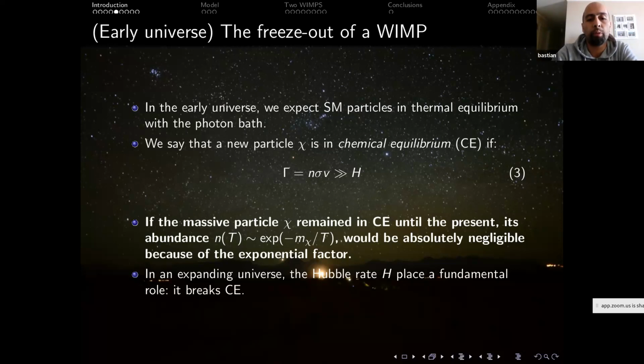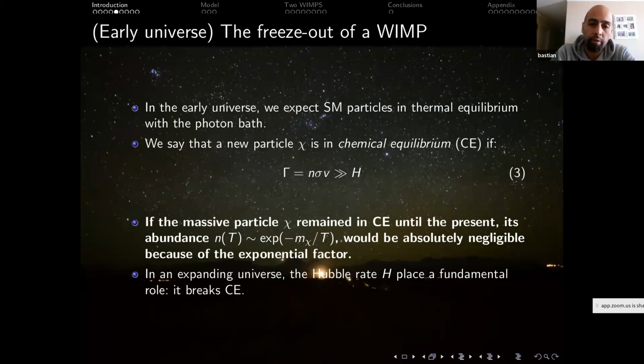massive particles that remain in thermal equilibrium start to have this exponential suppression. So if this particle remains in thermal equilibrium all the time, you would have after some time, or even in the present or late universe, a negligible abundance for your dark matter particle.